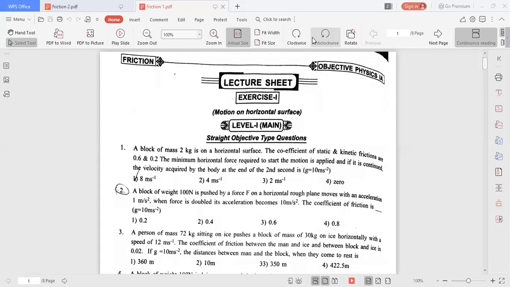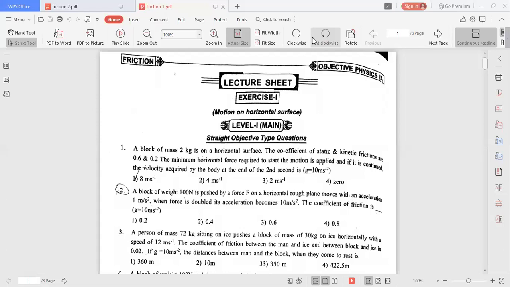So what is the acceleration? Since the applied force of 20 Newton is greater than F1 plus F2, both blocks move together.